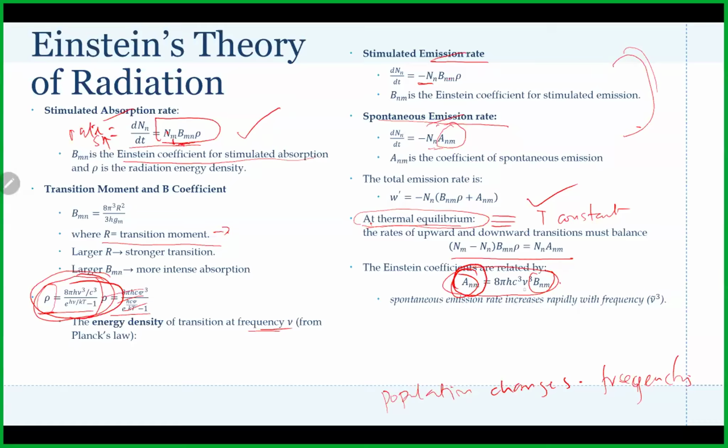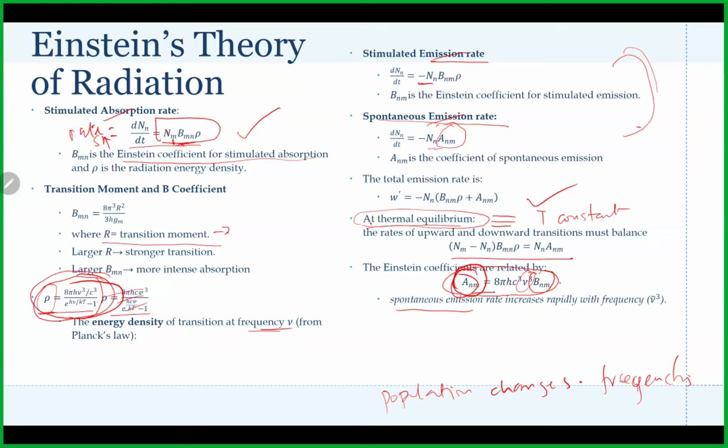Spontaneous emission, from here, we say it increases with frequency. So the higher the frequency of the radiation, that's the higher the energy of the photon, the more likelihood you would have spontaneous emission that can greatly affect the population of your upper states.